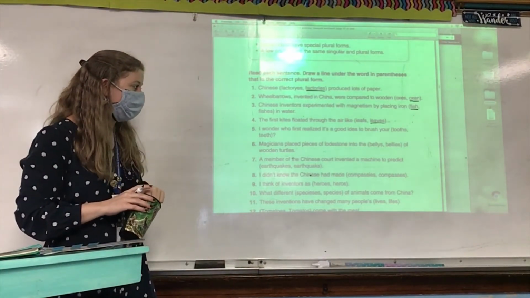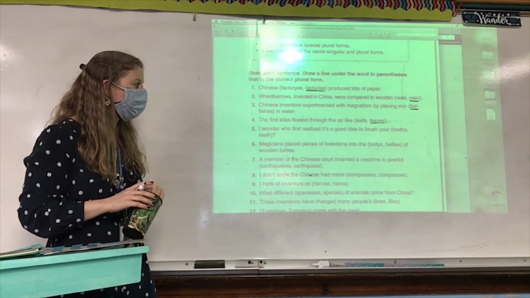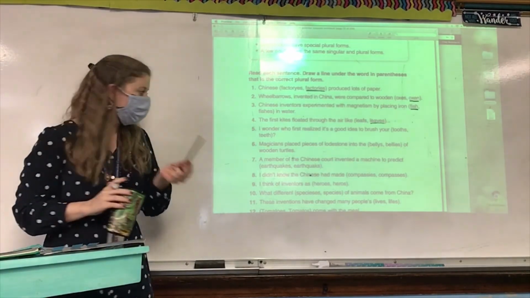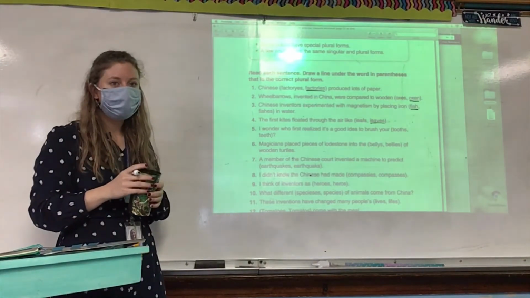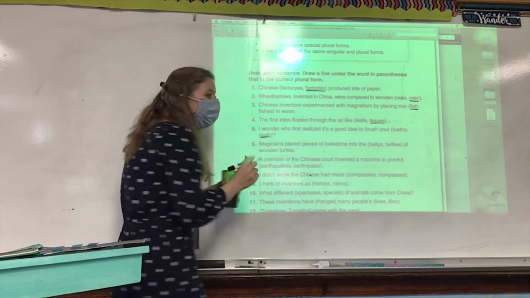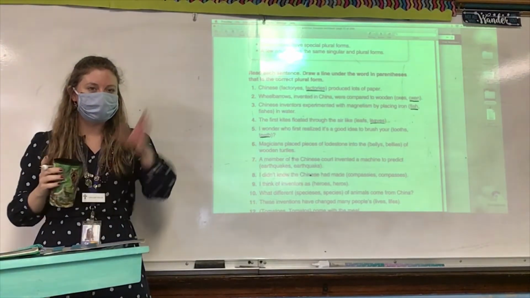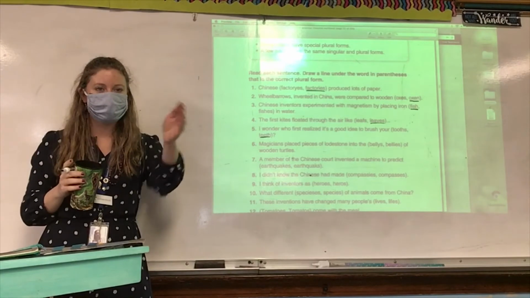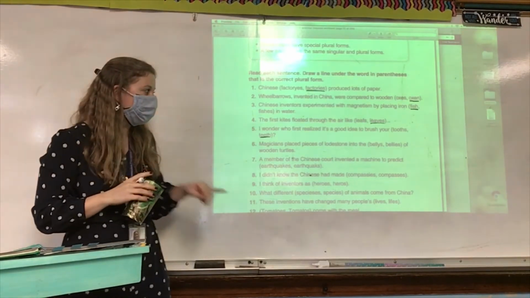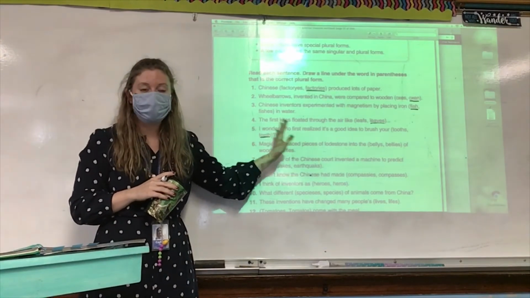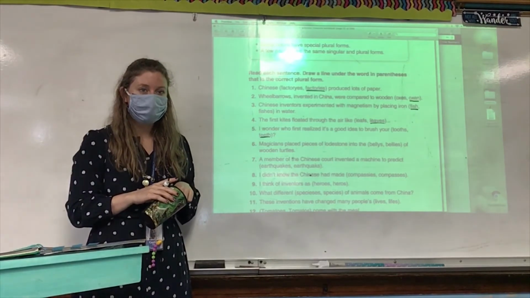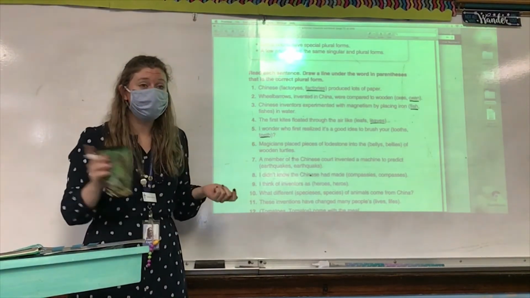Okay, number 5. I wonder who first realized it's a good idea to brush your tooth or teeth. Helen? Teeth. That word changes the vowel sound. Is there any rule that says these types of words need the vowel sound changed? No, it just says some of them change the vowel sound.